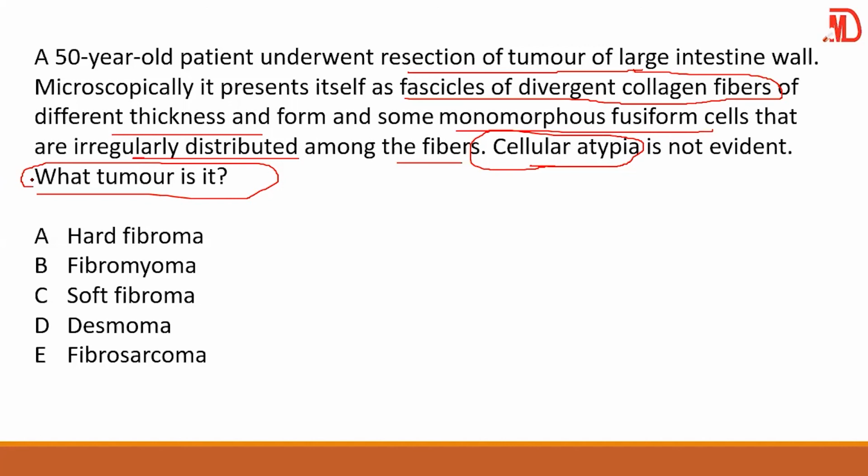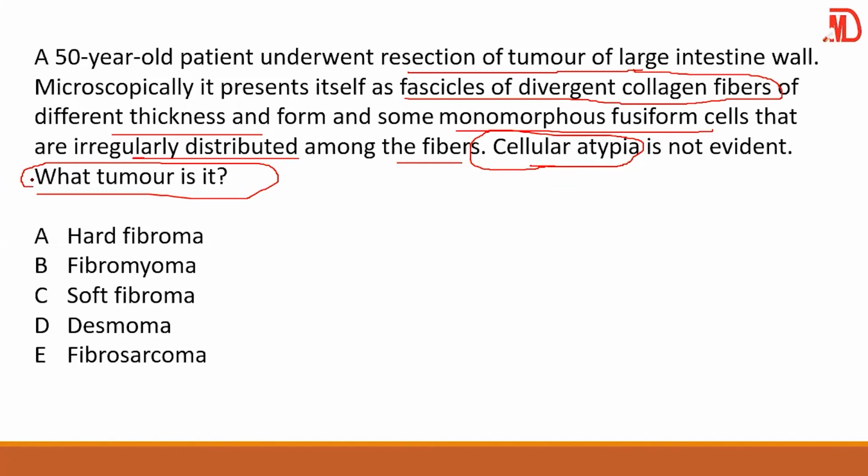So definitely we are looking at what? Fibers here. So we are thinking about fibromas, or we are thinking of a fibroma. And again, I made a thin line of difference between the hard and the soft, but for the sake of revision, I will repeat it. I said fibromas are benign tumors that are composed of what? Fibrous or connective tissue.